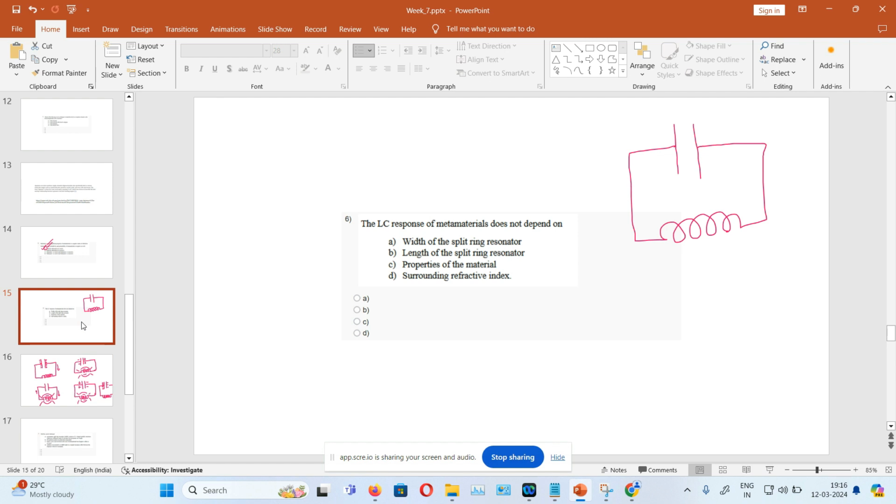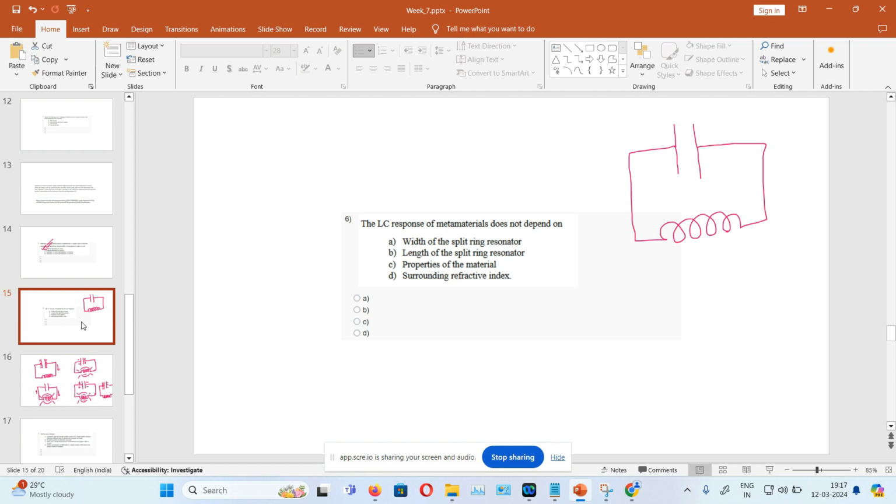Properties of the material: the metamaterial properties are completely different from the material in which it is made. Metamaterial properties depend on the refractive index variation between the surroundings and that material, as well as the geometric properties of the material.